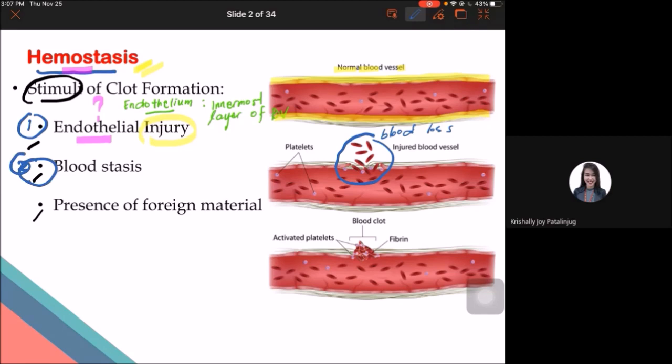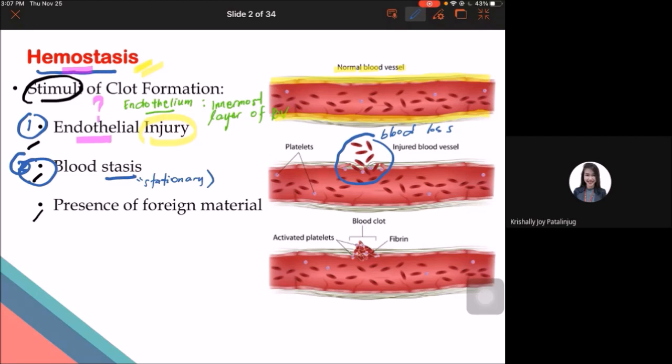Basically, kapag sinabi nating stasis, ibig sabihin stationary. Okay, again, it means stationary. So, when there is stationary blood, this will also trigger blood clot formation.